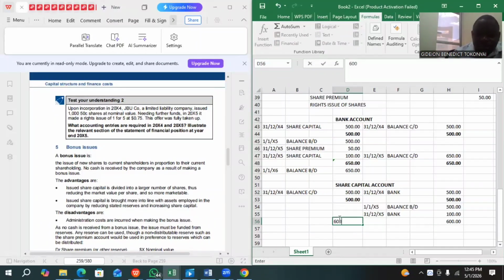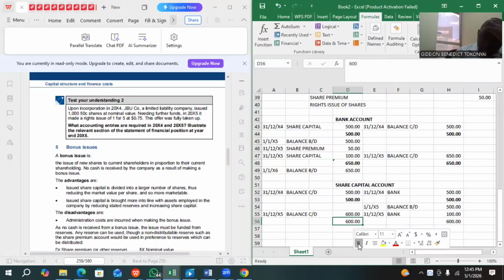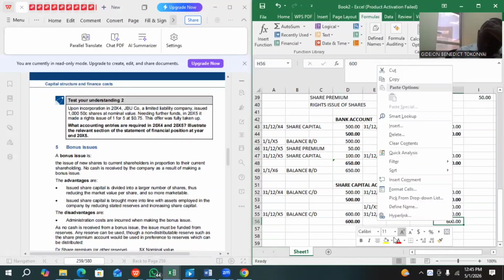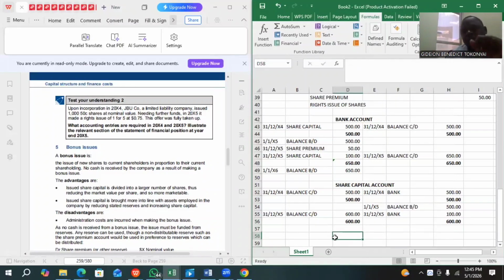The 600 represents our balance. Then you bring down the balance at 1 January 20X6, balance brought down, and that's 600. This one we are done.